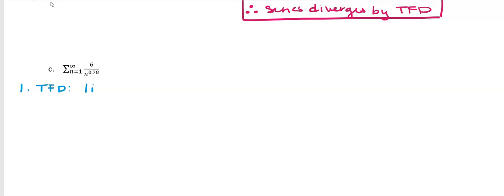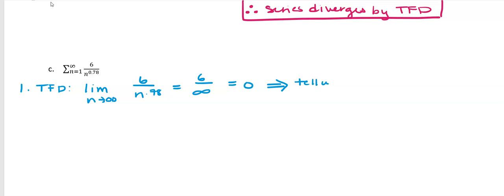But if I were to do the test for divergence, following that prescribed pattern, and it's fine to do that, I would see that my numerator stays the same and the denominator is going to infinity, so the limit would be equal to 0, which tells us that I would need to do another test. It tells us nothing.